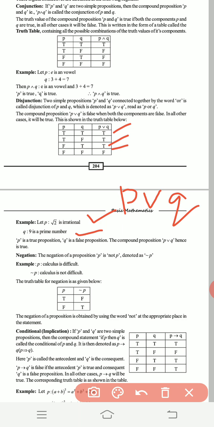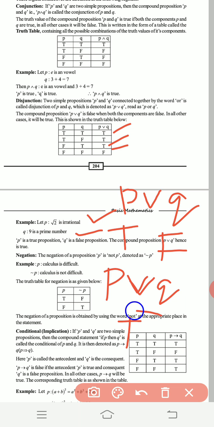P is a true proposition. Root 2 is irrational, P is true. Q means 9 is a prime number. 9 is not a prime number. It is a composite number. See here, the first statement is true, Q is false. Therefore, the disjunction P or Q is true, because the first statement is true.